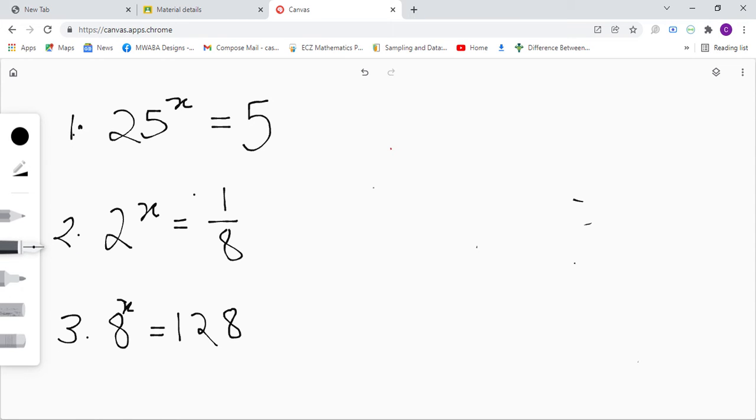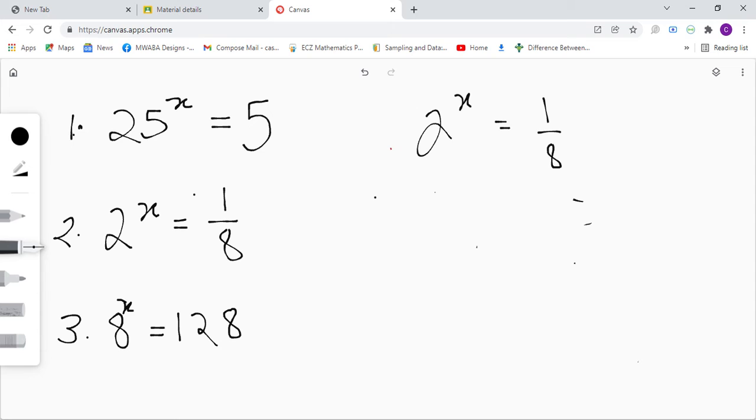We have 2 to the power x equals 1 over 8. Find the value of x. So remember, we have to make the base on the left-hand side and the base on the right-hand side equal.